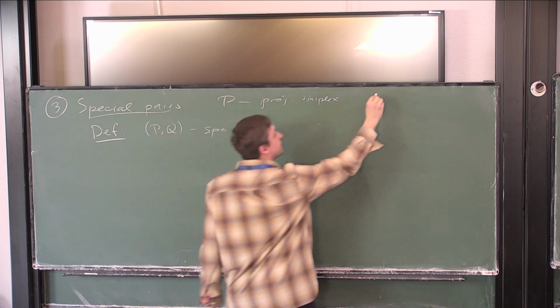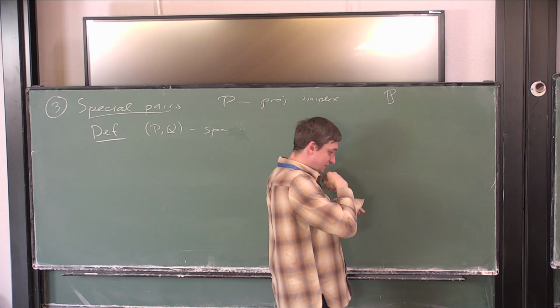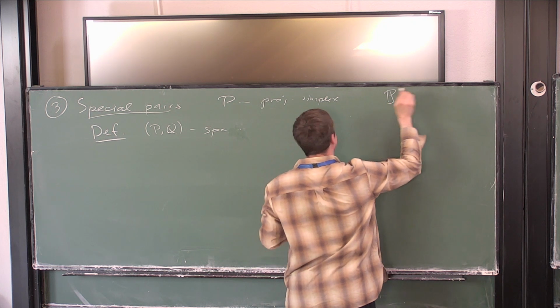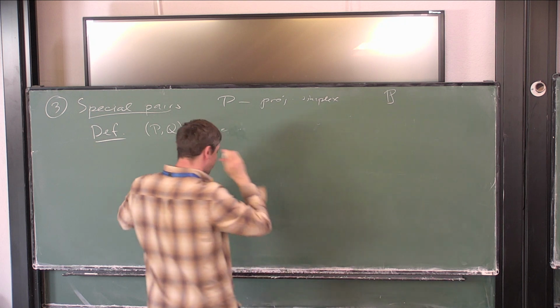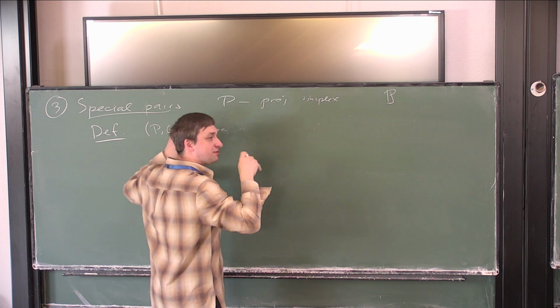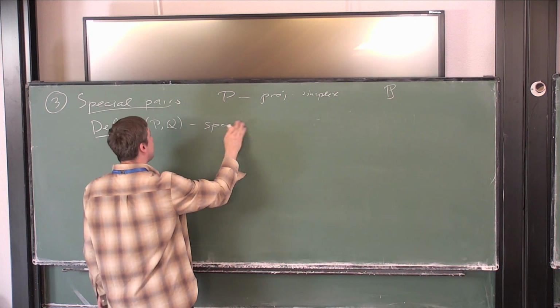I will only talk about vector spaces over fields, and whenever I talk about any kind of homology, it will be with rational coefficients, so there will be nothing complicated in that.